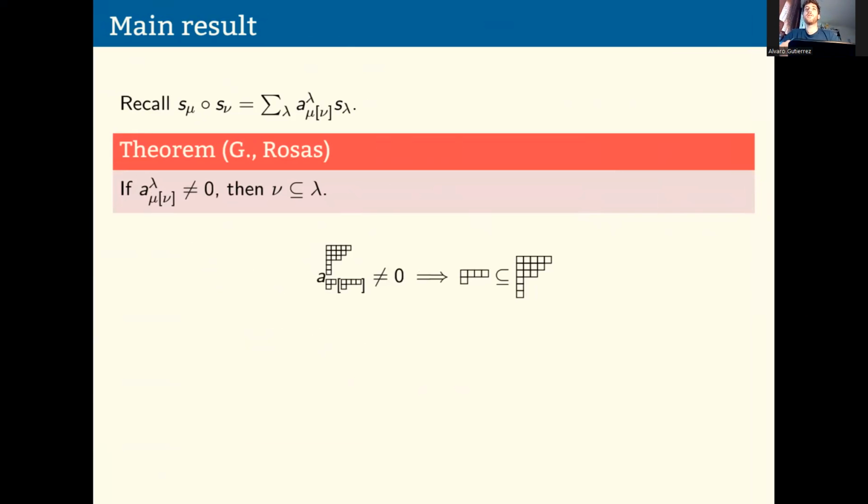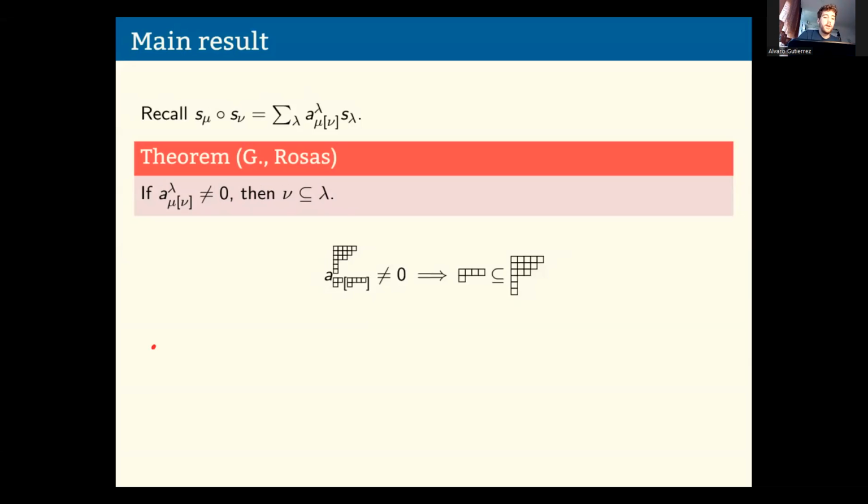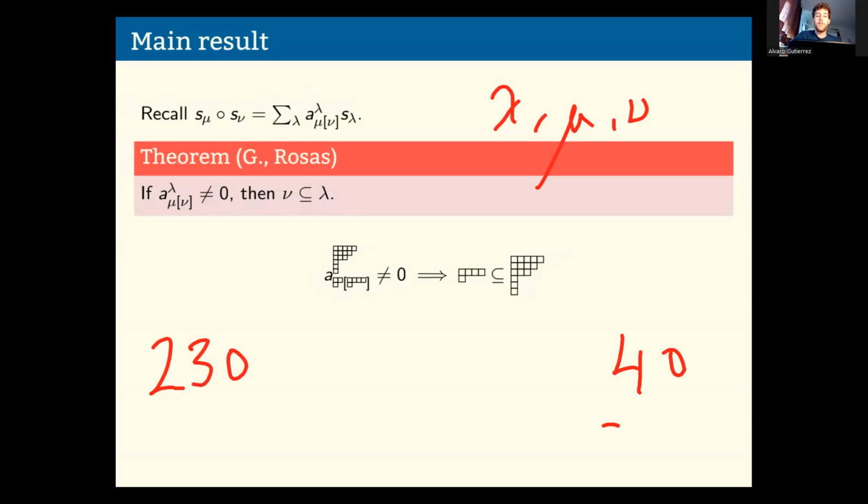So let me look for it here. In a paper that is well known in algebraic combinatorics, it said how there are a priori 230 partitions that could appear in a certain product, but only 40 appear. So from 230 possible triples, lambda, mu, nu, only 40 verify that this coefficient is non-zero.